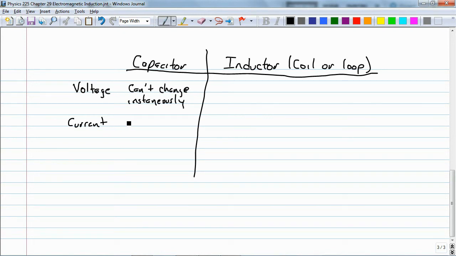But the current can change. It can change direction instantaneously.